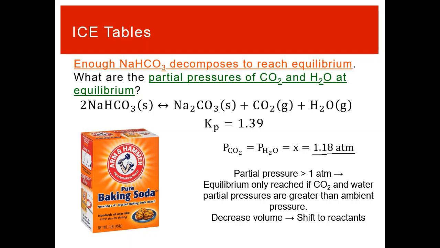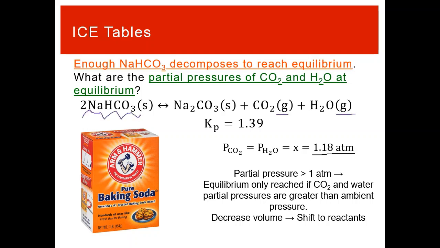And so generally there's a big kinetic barrier to this. You'd have to get it over that kinetic barrier. But if you heat it up, this reaction really starts to happen. It can also happen slowly, and how you would minimize it is you would shift away from products. You should prefer a shift to reactants, and you can do that by decreasing the volume, because there are gases on the product side and no gas on the reactant side.